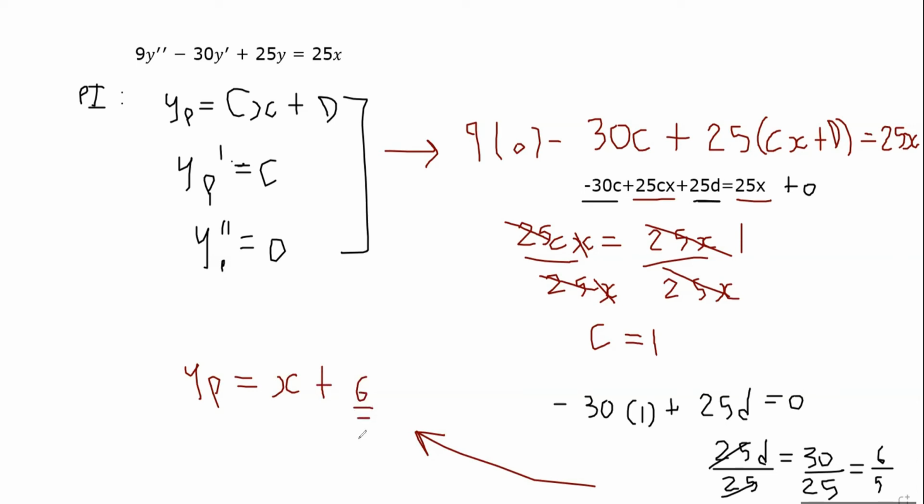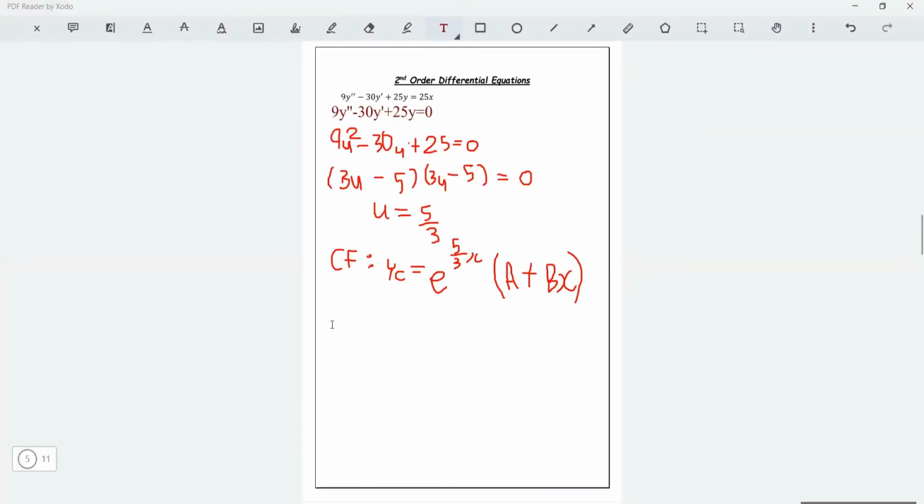Nice. Now we can go back and write down our general solution. Remember, the general solution y is equal to the complementary function plus the particular integral. That's how you find the general solution.